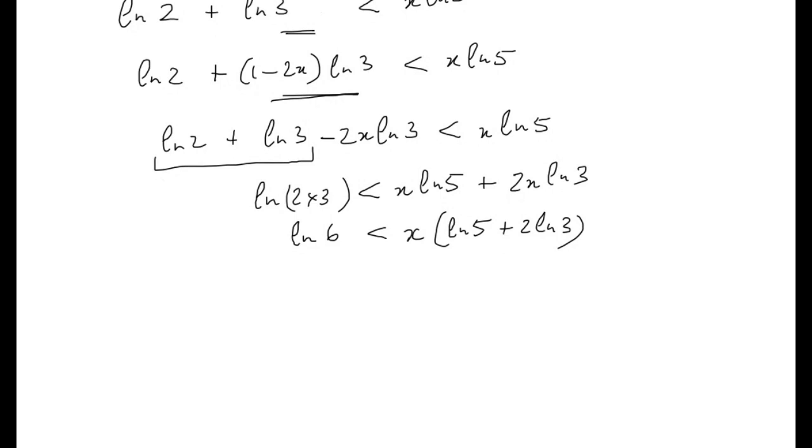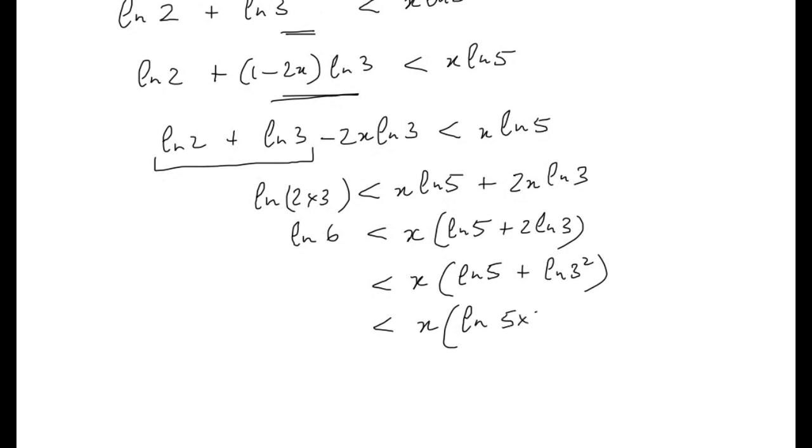Log 5 and 2 log 3 can be combined after simplifying 2 log 3 and making it log 3 squared. Remember, they can be combined only after you take the 2 inside the log. So I have x. These are added logs, so I can write it as a single multiplied log: 5 into 3 squared.